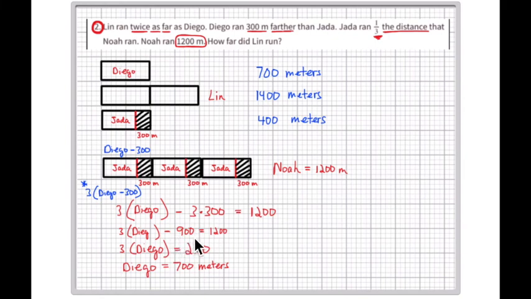That's minus 900. And so you have to add that to Noah's run to figure out what is 3 times Diego's run. And 1/3 of that is equal to 700 meters. Seems complicated to talk through it. It's actually not as complicated to just work through the algebra. So you should practice both.